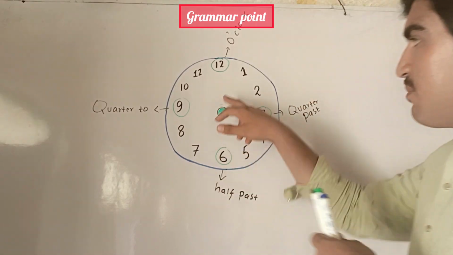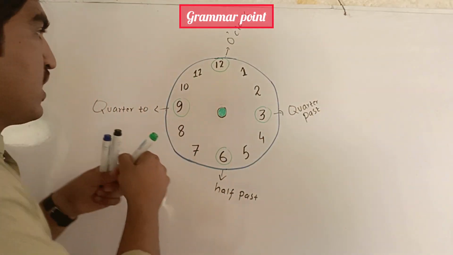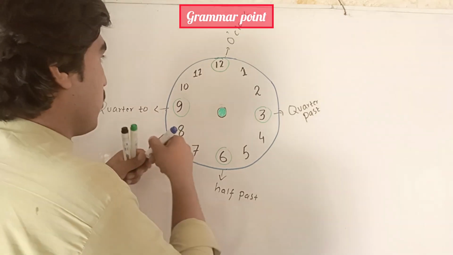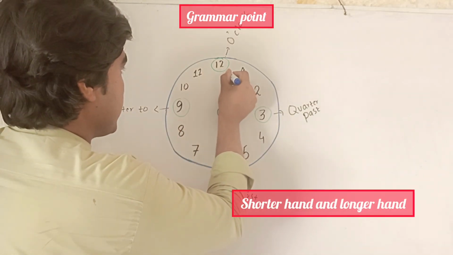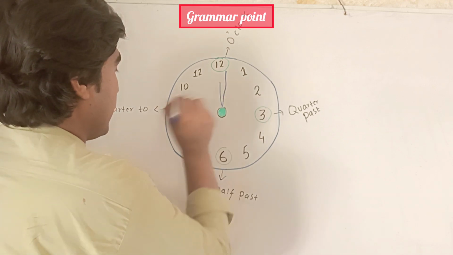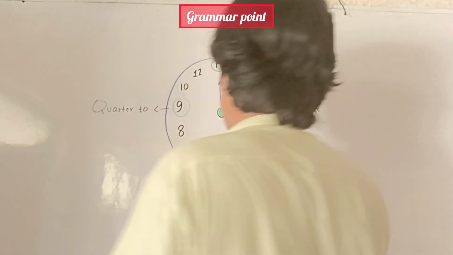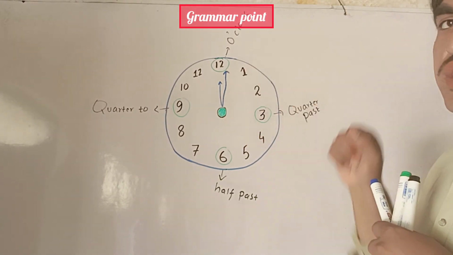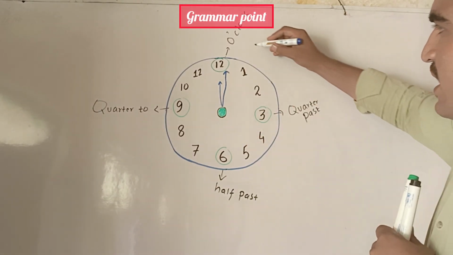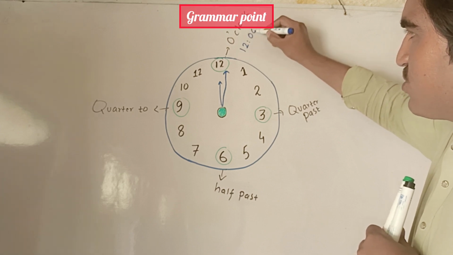Now coming to the main point. Suppose both needles, the large and the small needle, are on this point. What can we say? It would be like this, 12:00.